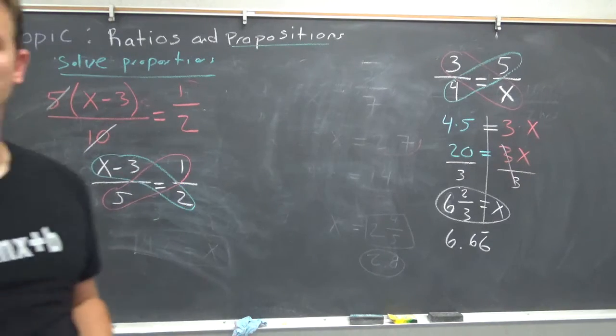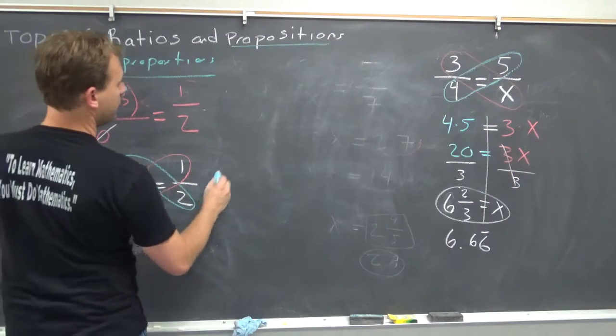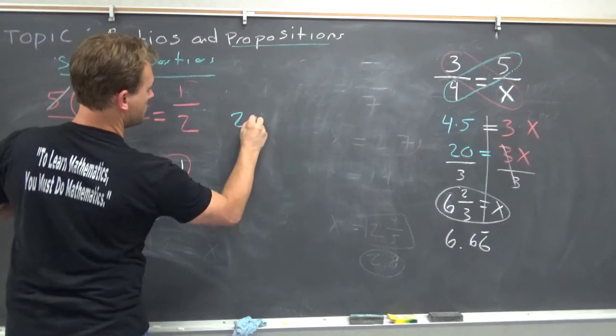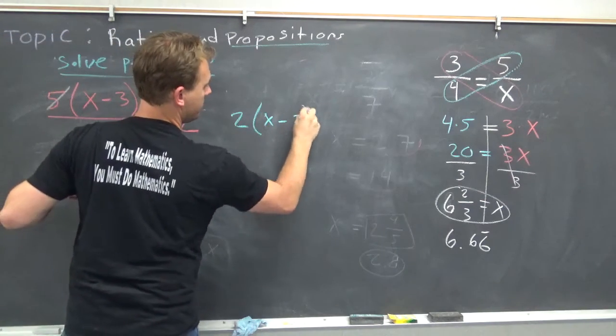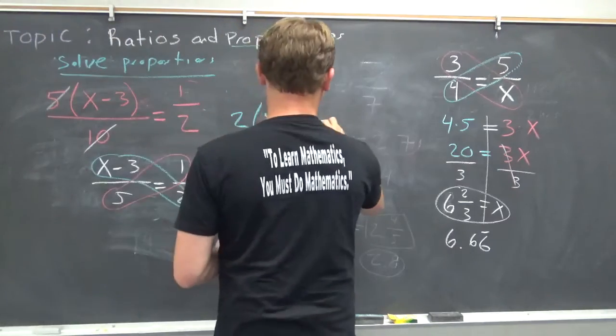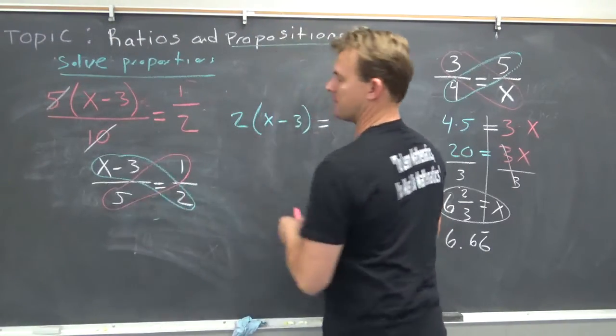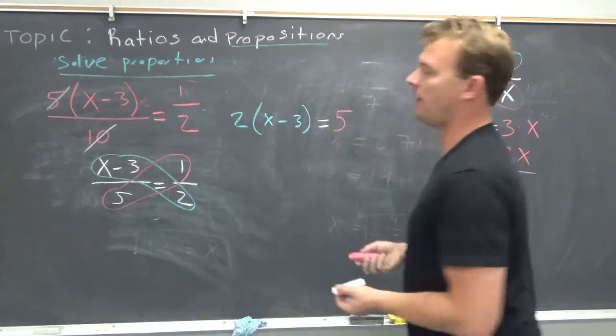Okay, here's your cross multiplying. Now this is going to be 2 times x minus 3 equals 5 times 1. This is 5.